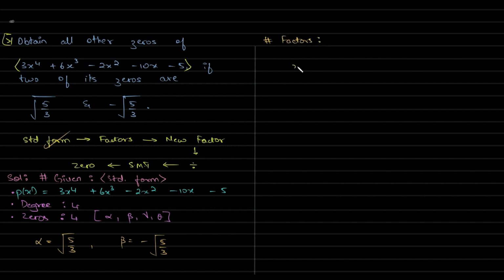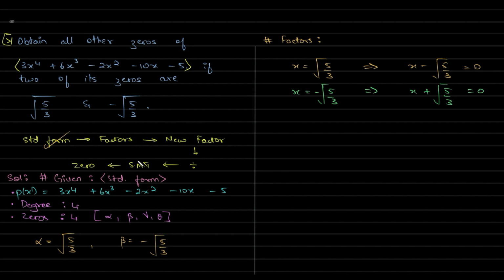To find the factors, you equate x to the value of the zeros and then get an expression. Then write the other zero and get an expression. So how does this make sense? We'll understand it after finding the final answer.